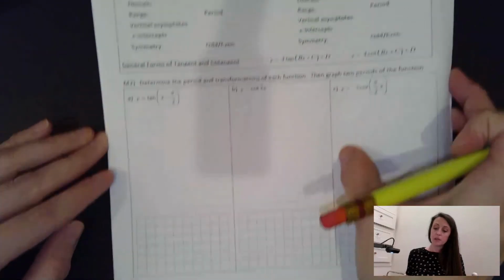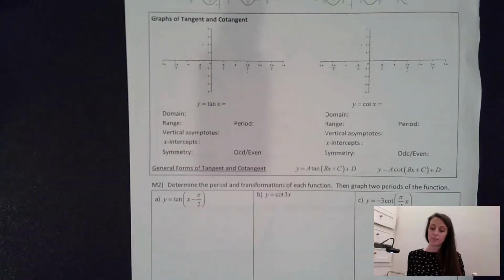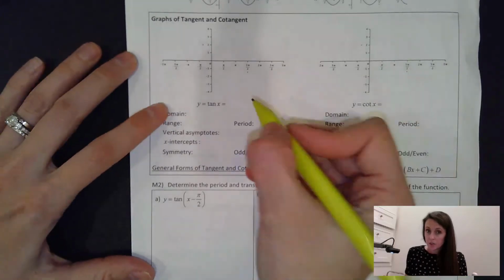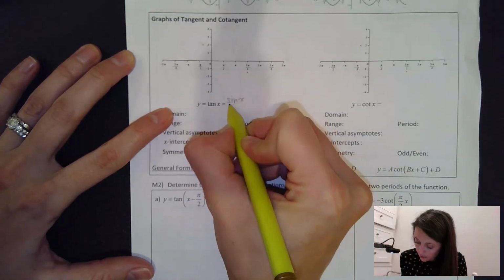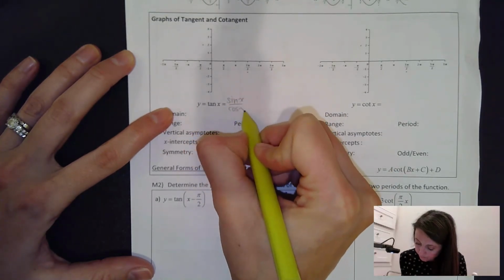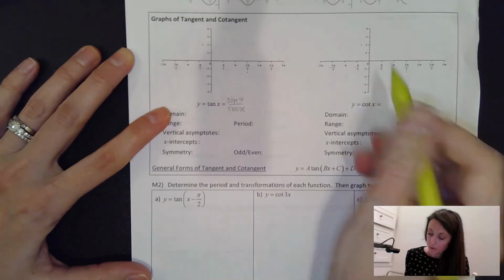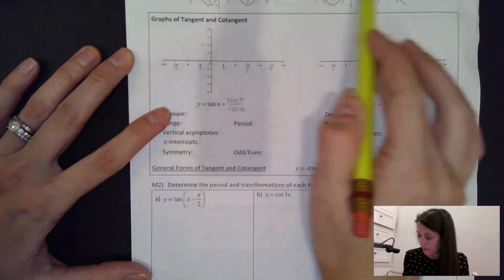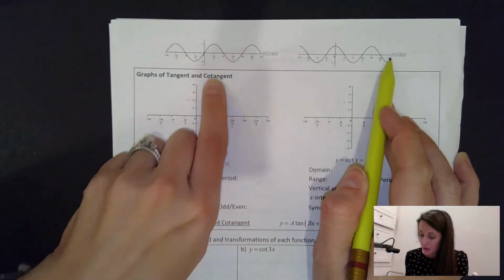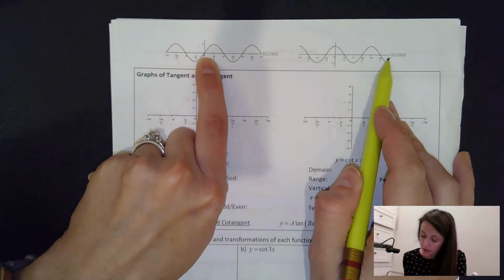All right. So now let's look at cotangent and tangent here. Tangent is the ratio of sine over cosine. So sine over cosine, what is going to happen? This is your sine graph up here, and this is your cosine graph.